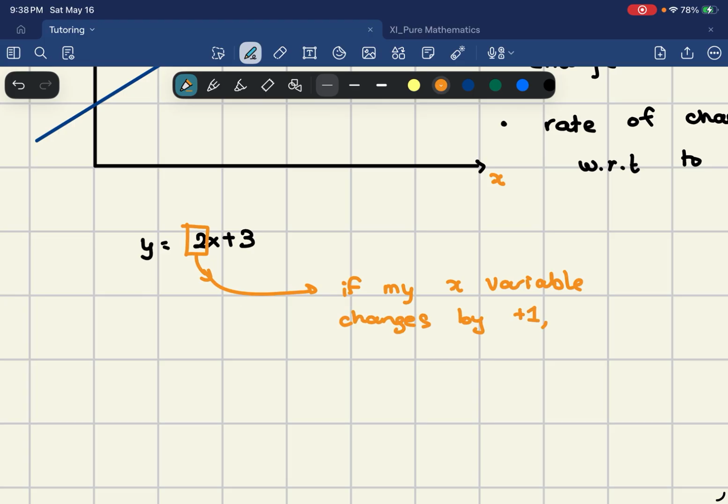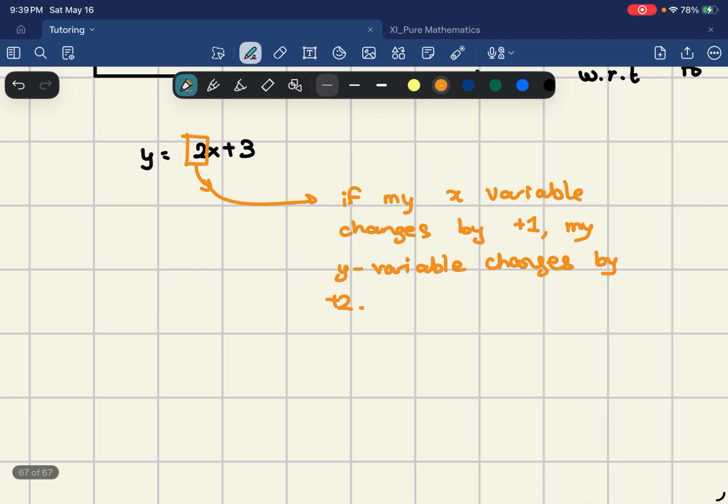So if my x variable increases by 1, my y variable changes by plus 2. That is what the slope means.